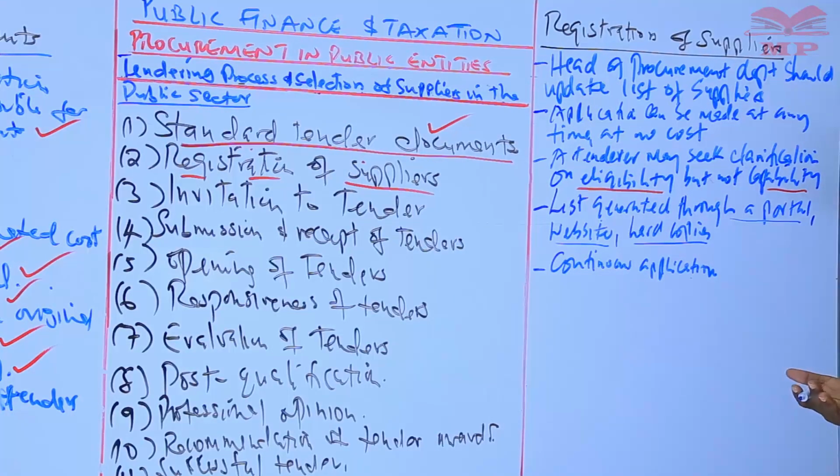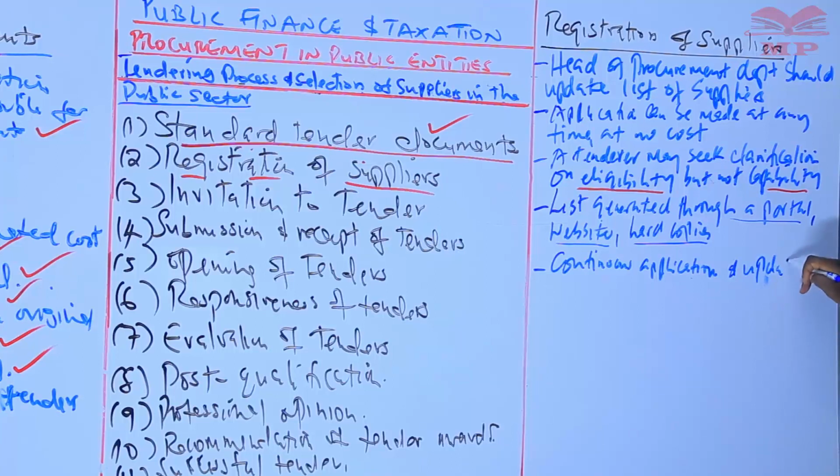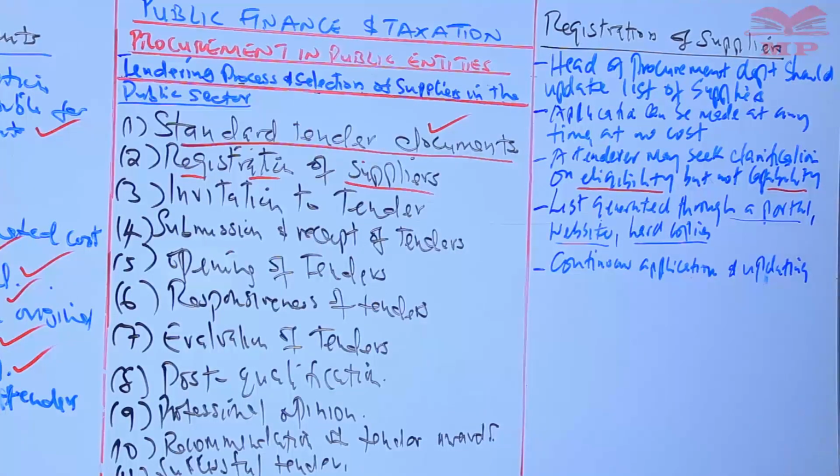So there ought to be continuous applications and continuous updating. And the list can be evaluated, leading to registration on a biannual basis.